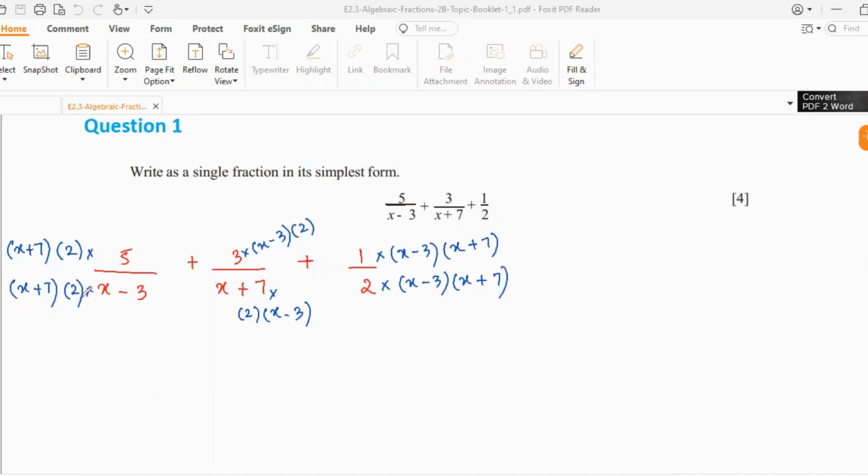Now, what we're going to do is expand the brackets. In the first fraction, we can first combine 2 and 5.